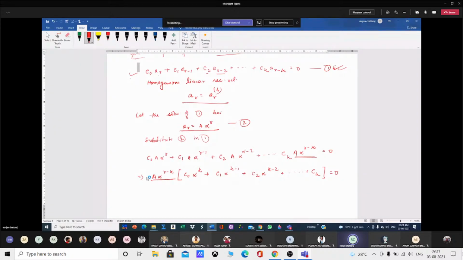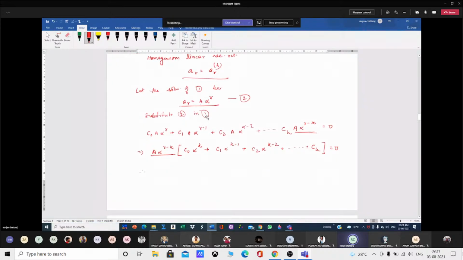So we can take this quantity, that means C0 alpha^k + C1 alpha^(k-1) + ... + Ck equals 0, and this is 3.